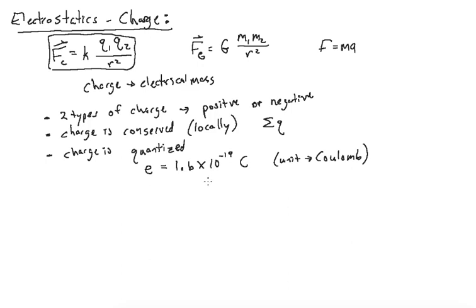That was a guy named Millikan doing the Millikan oil droplet experiment, where he basically charged little droplets of oil and watched them go up and down under gravity and applying electric fields to them, and was able to calculate the minimum amount of charge possible for a droplet, and he found that it was this number. So that was Millikan, the Millikan oil drop.